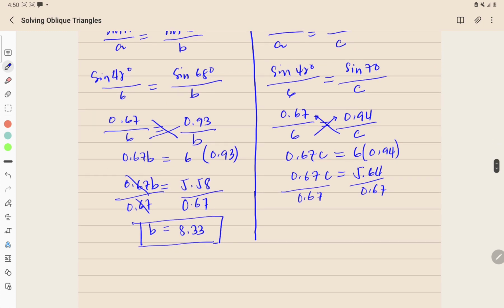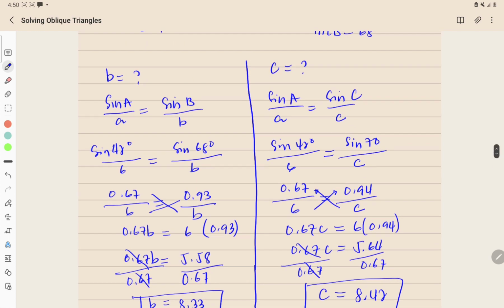Then we can cancel 0.67, and c is 5.64 divided by 0.67. That will give you 8.42. So this is now the value of side c.